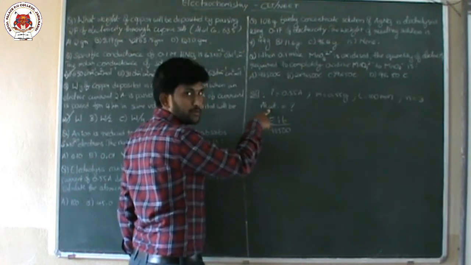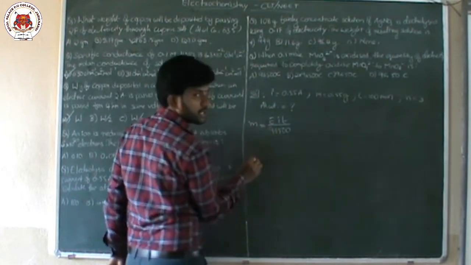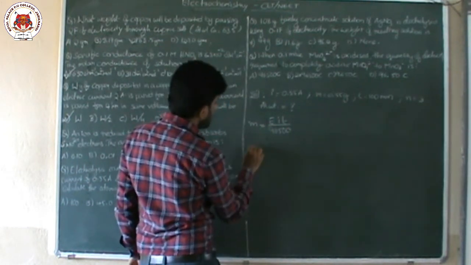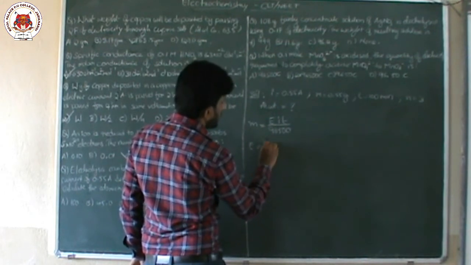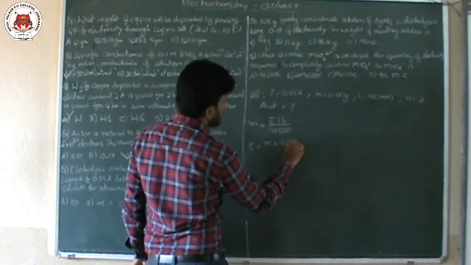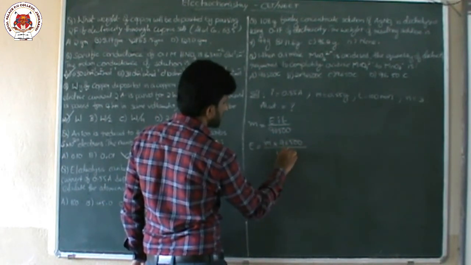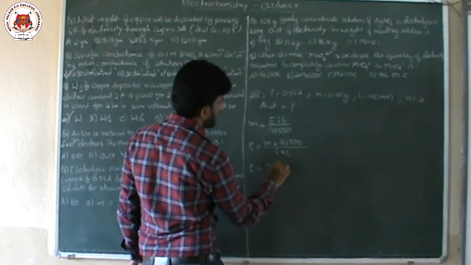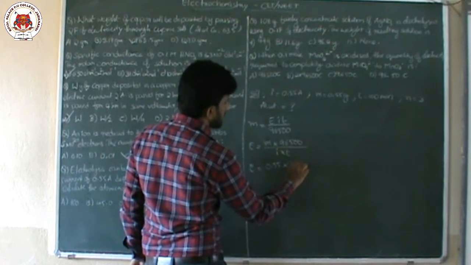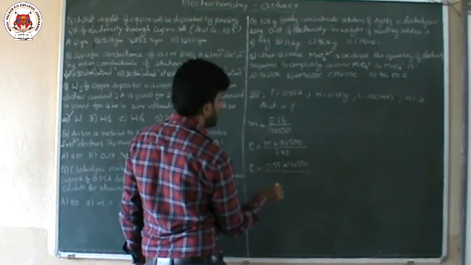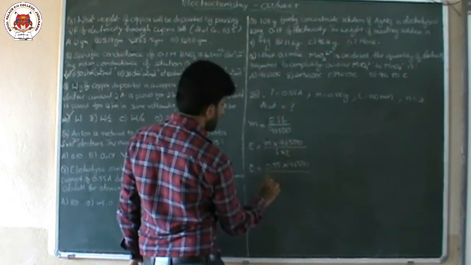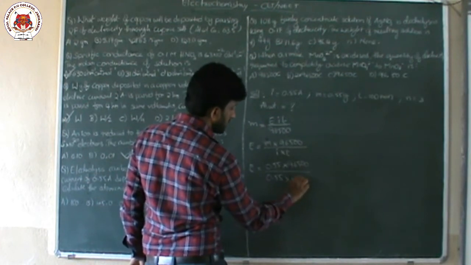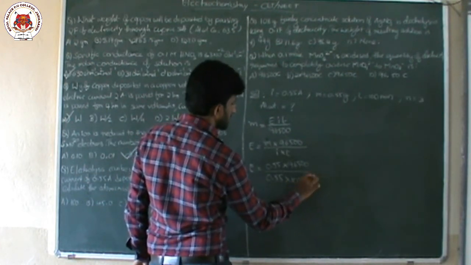So equivalent weight is equal to M into 96,500 divided by I into T. Equivalent weight is equal to 0.55 into 96,500 divided by I, which is 0.55, into time, 100 minutes, that is 100 into 60 seconds.